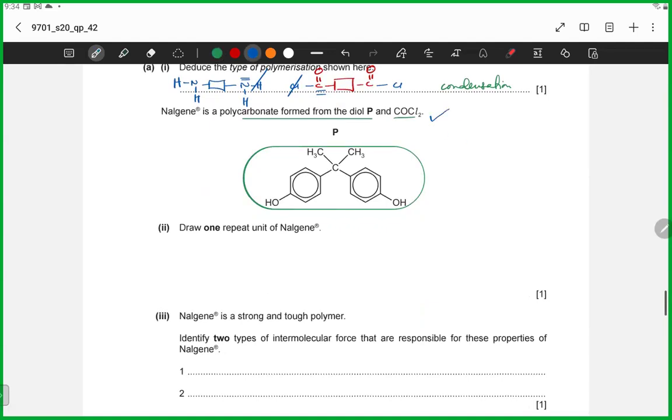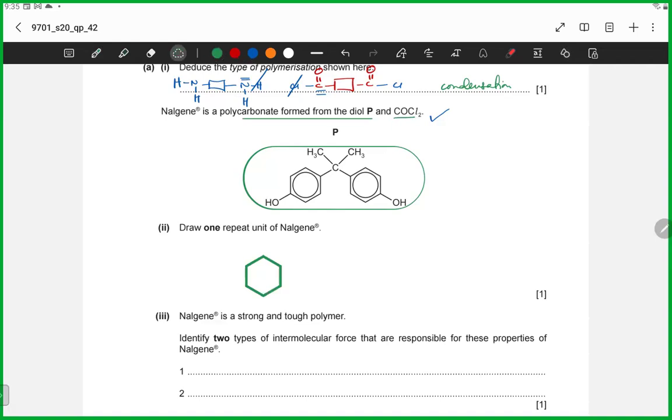Now this one is clearly an acyl chloride. So drawing the whole repeat unit in this case is going to take time because you have to draw this entire molecule. So we're going to try and draw this molecule quickly.